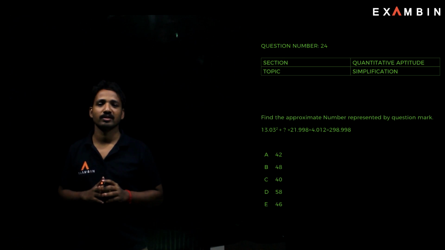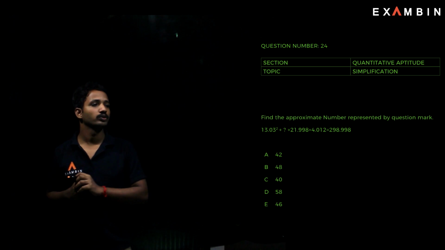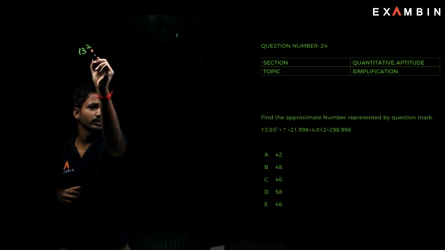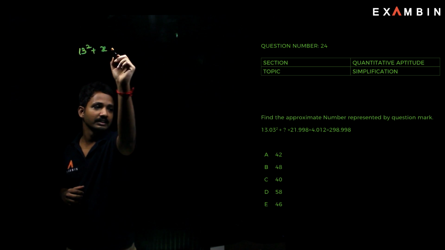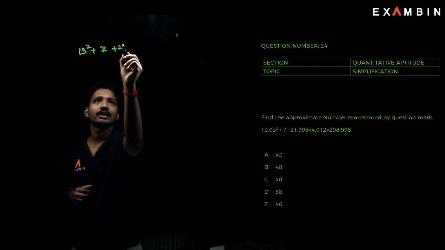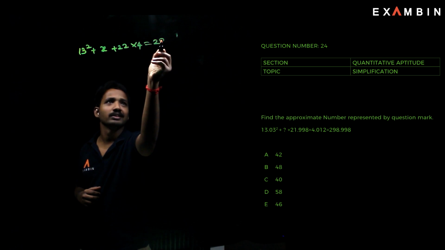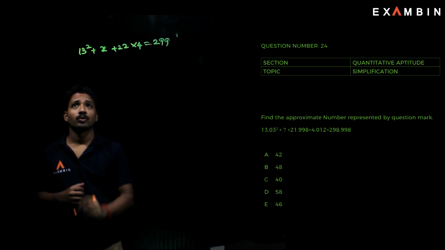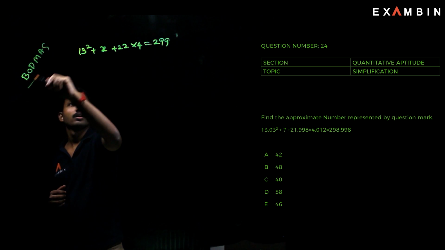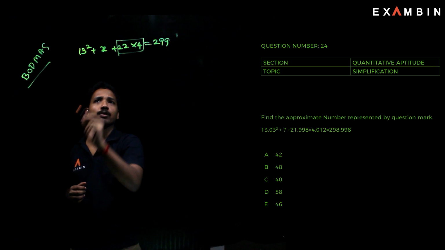It is an approximation based question, so I am taking the nearest possible values for all of these. 13.03 square I am taking as 13 square, plus x is the value we need to find, 21.998 I am taking as 22, into 4, is equal to 299. So as per the BODMAS rule, I am first doing this 22 into 4.